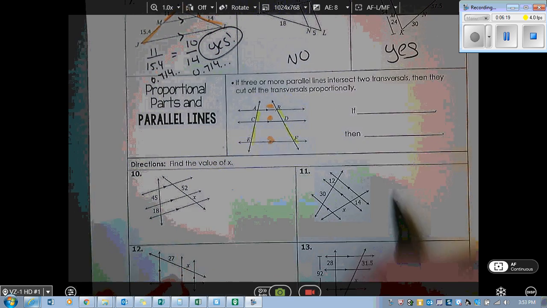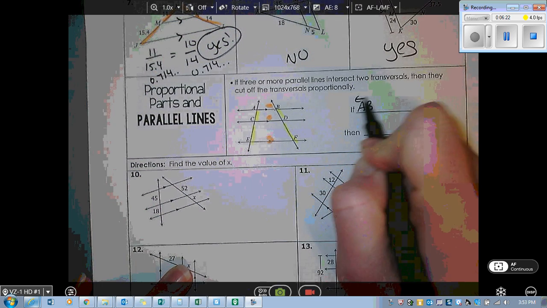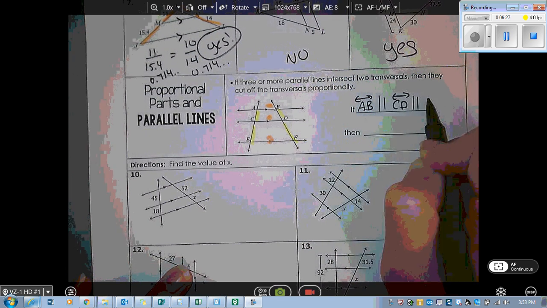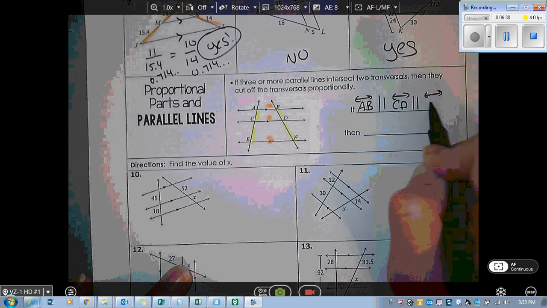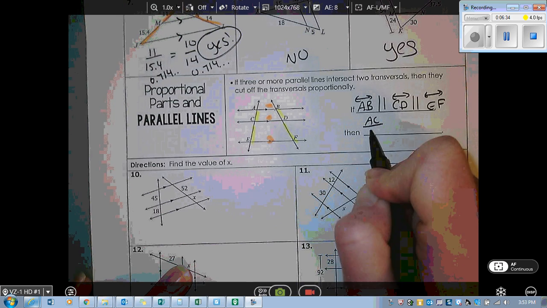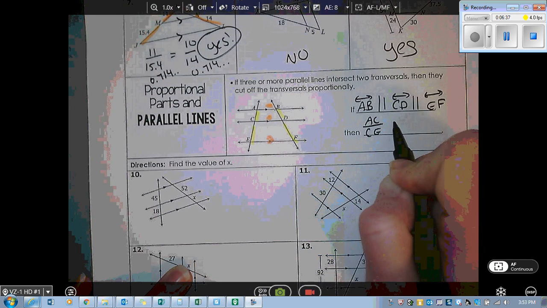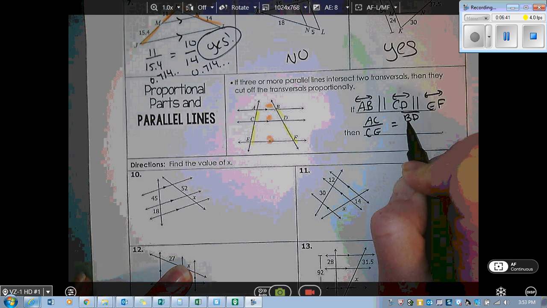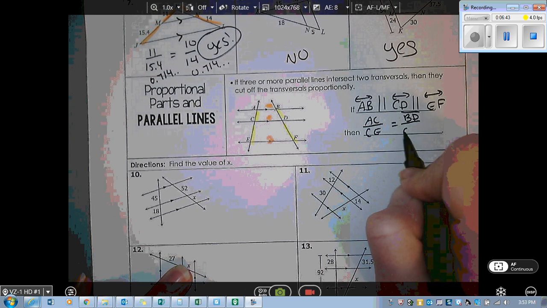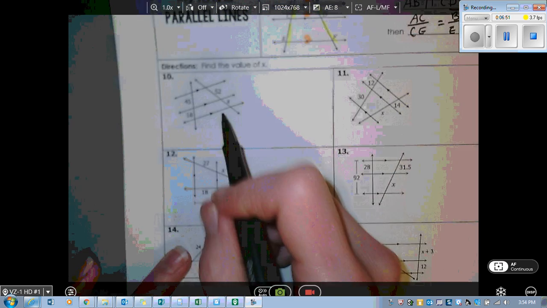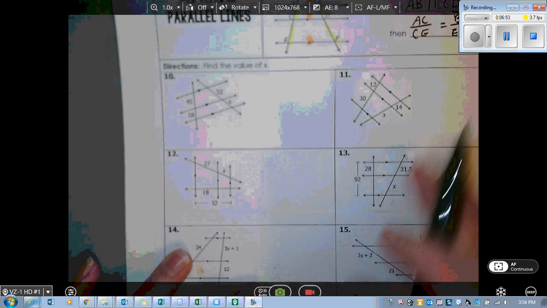So we know that if line AB is parallel to line CD, which is parallel to line EF, then AC to CE is going to equally be proportional to BD to DF, right?